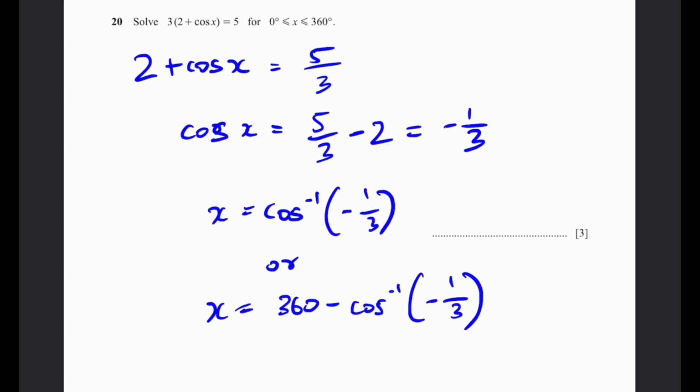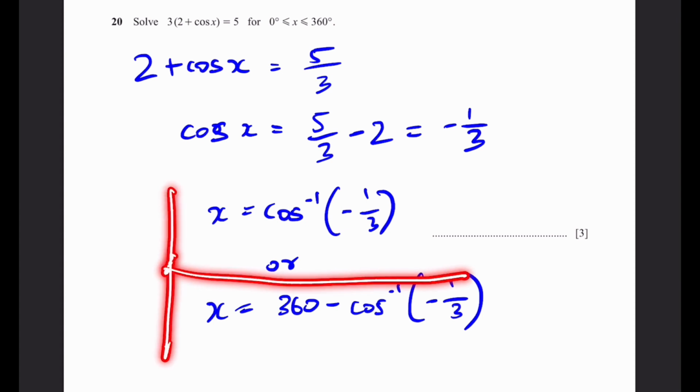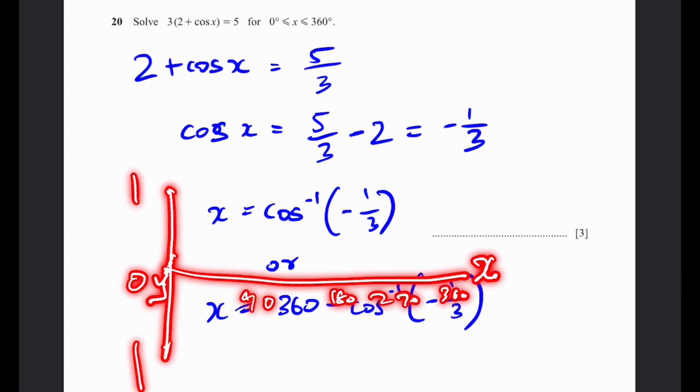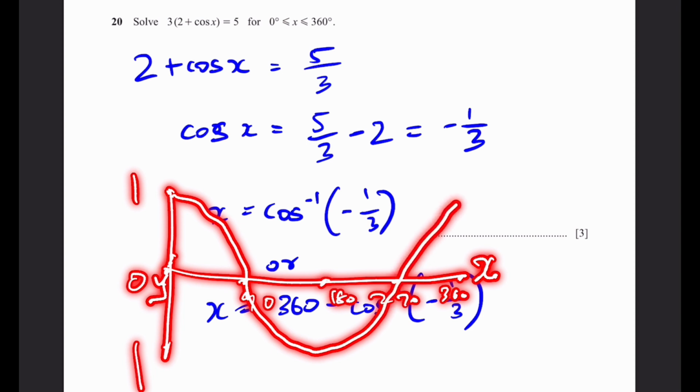It's because of the inequality given, 0 less than or equal to x less than or equal to 360 degrees. This means anywhere inside the graph of y equals cos x. Let's say we have 1, 0, minus 1 on the y-axis, and on the x-axis we have 90, 180, 270, 360. The graph goes something like this.